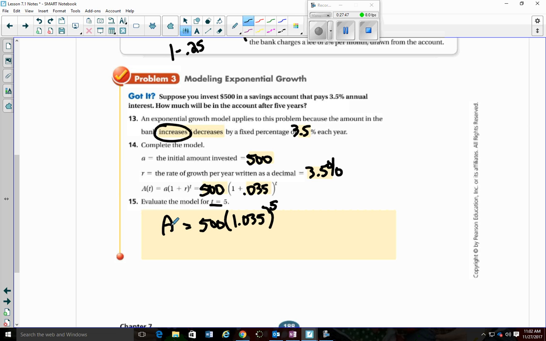So make sure you take it to the power of 5 first, and then times it by 500 second. I'm getting $593.84. All right, we'll finish the rest tomorrow.